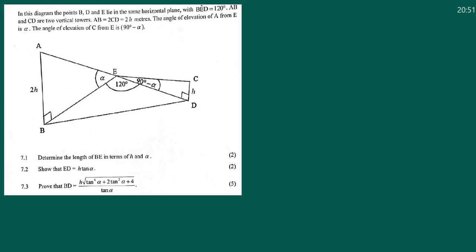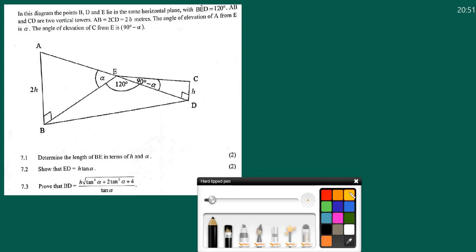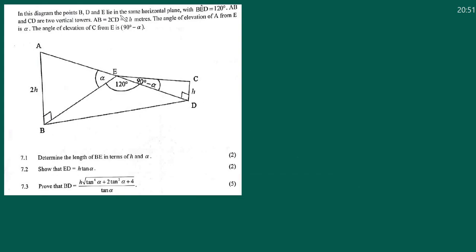We are given that in this diagram we have points, right? B, D, and E, which lie in the same horizontal plane. Usually, if they are talking about a plane, they are going to talk about angles of elevation and depression. So when they say a horizontal plane, you must think of it as the ground.